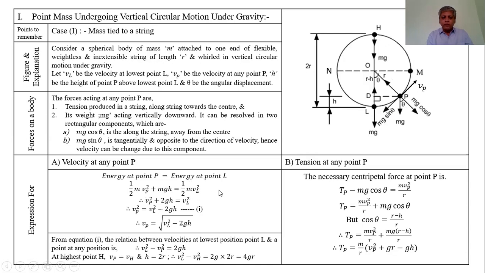Now from these equations, if we multiply by 2 and divide by m, we get Vp square plus 2gh is equal to VL square.